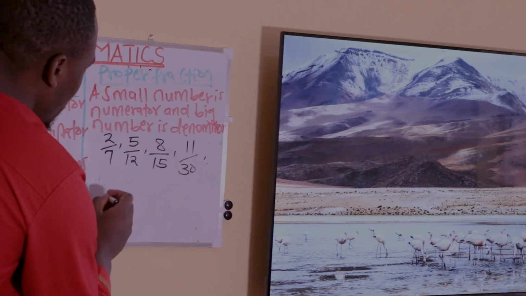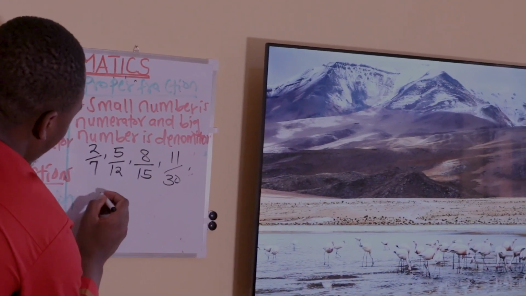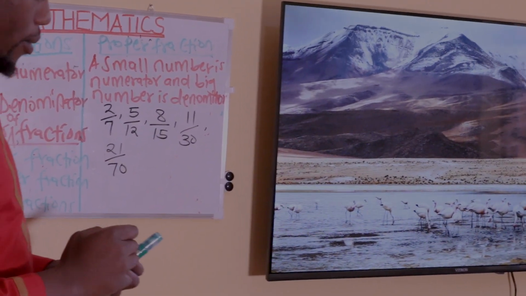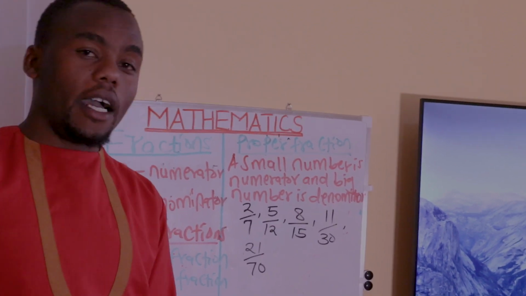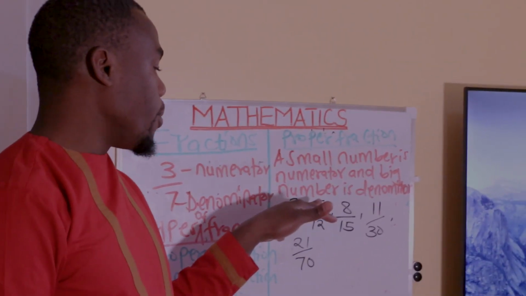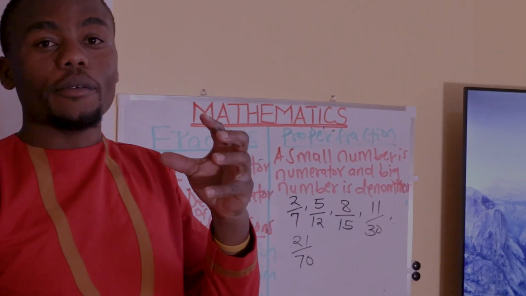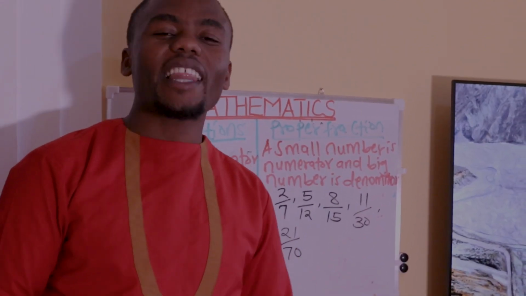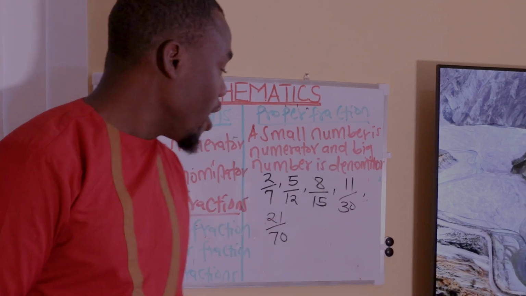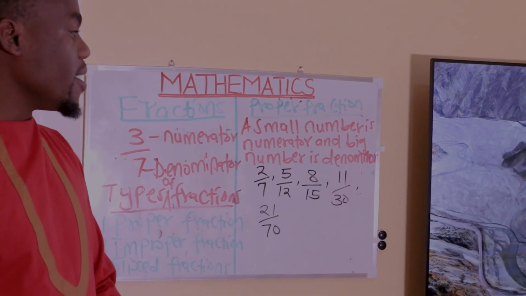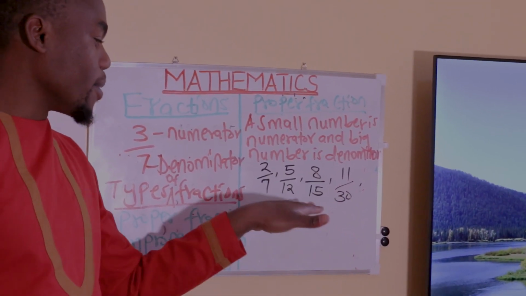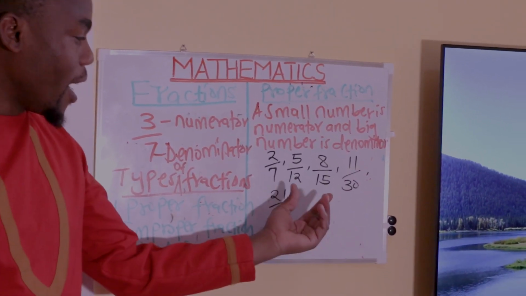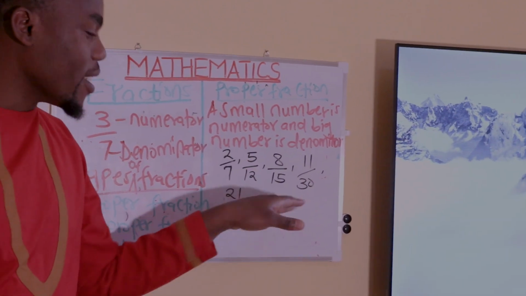We can also have a big number like 21 out of 70. This is a proper fraction. I've told you that a proper fraction is where the numerator is smaller than the denominator, where the father or the mother is carrying the child on the shoulder. That is it by example, just to mention a few. You can also mention yours there in the comment section.